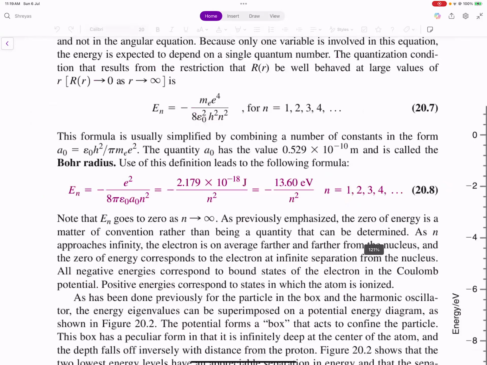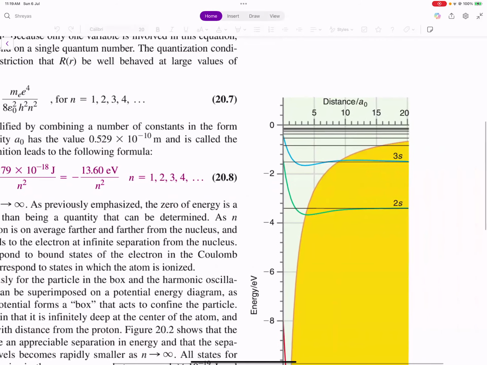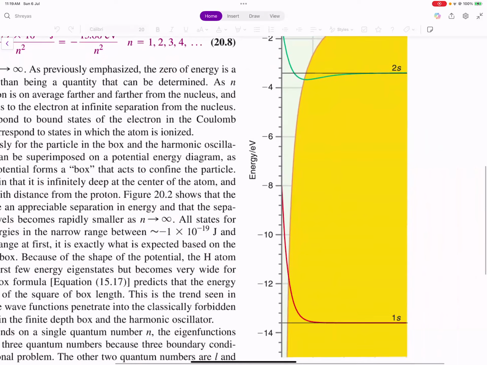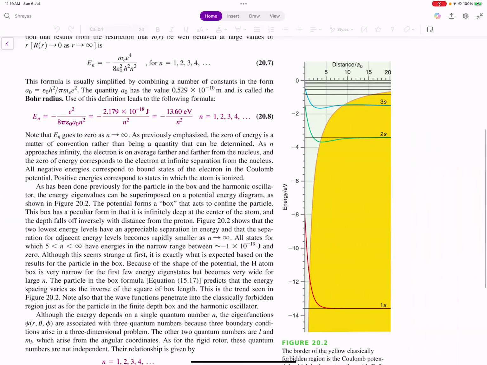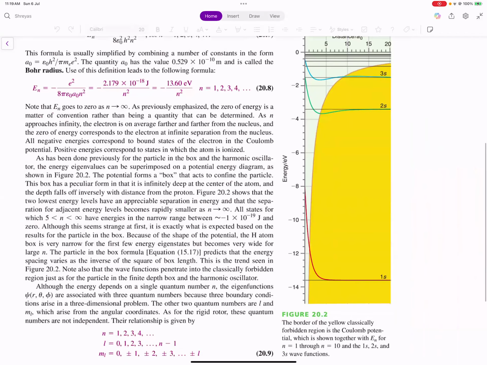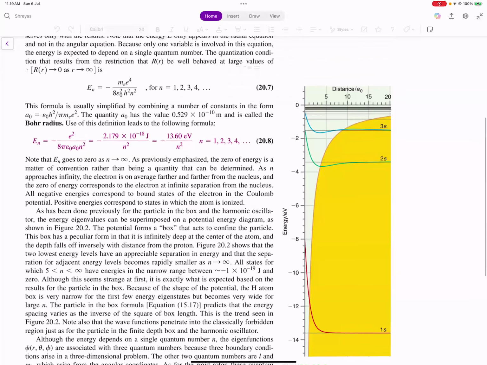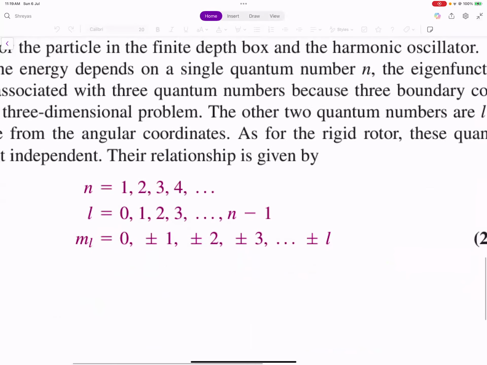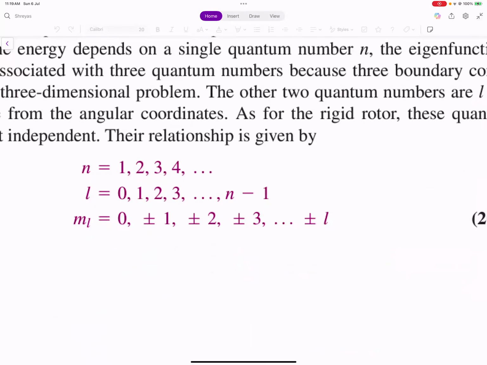You can see how fast the electron levels are contracting. The energy levels will keep on coming closer very fast, because of the 1 by n square.